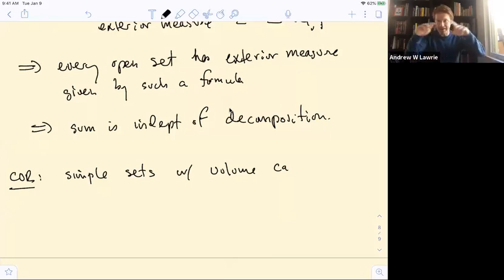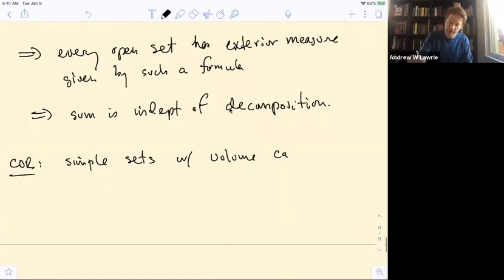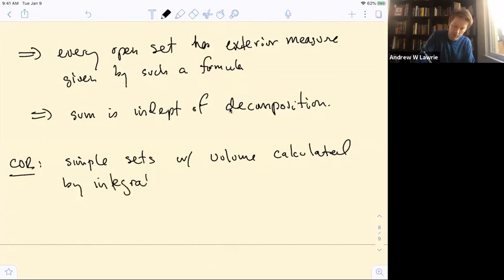And remember, the set had to be relatively nice to do this integration, like the boundary of the set was some nice closed curve in R2 or something like that. The volume calculated by integration is equal to the exterior measure of those sets.